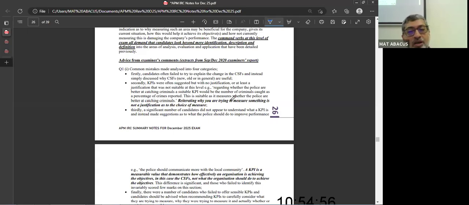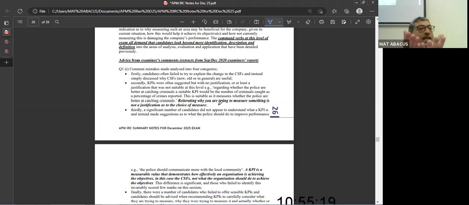Why you are trying to measure this, catching criminals, is not a justification. Why did you choose this KPI? That's a reasoning that you have to give me. You're trying to measure because the objective is to catch criminals. That's not the KPI reasoning. KPI reasoning should measure something that, for example, we can compare.